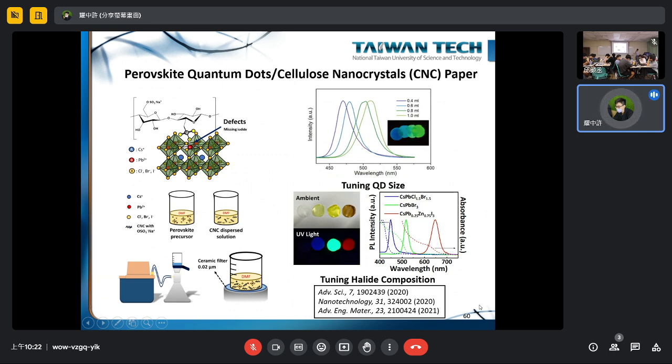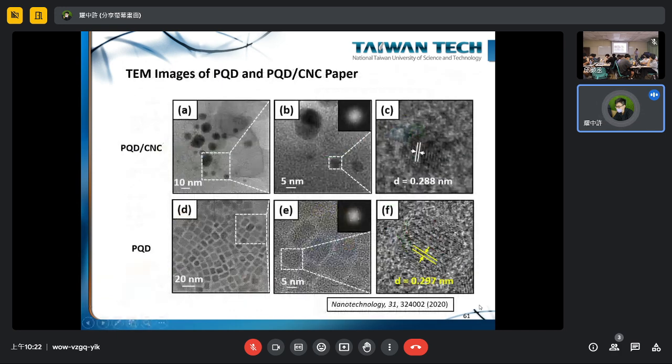And we try to use different halide ions to tune the emission color. And this is what you see in the past, right? And you use TEM to evaluate the size and the structure of the material.